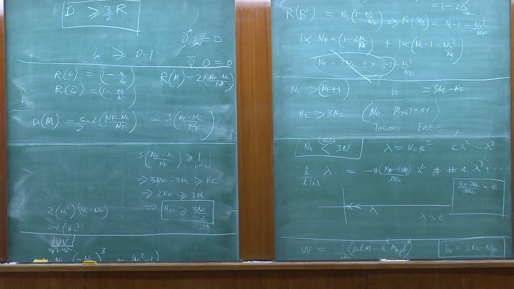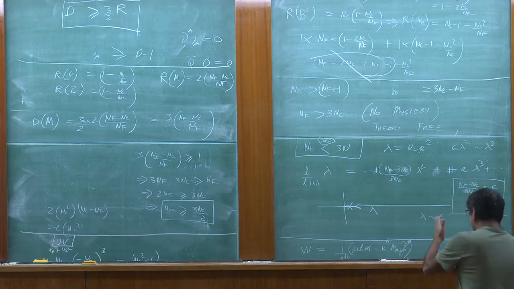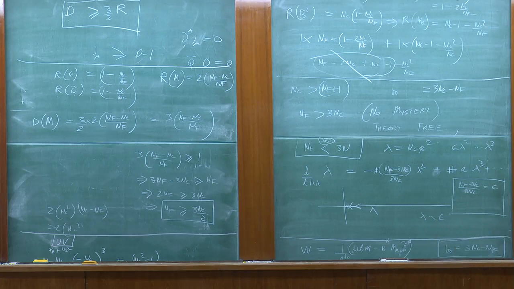So the idea that we have this conformal window of dynamics cannot be true for NF less than 3 NC by 2. And if it extends all the way down to 3 NC by 2, as we are going to conjecture, then at 3 NC by 2, this field M becomes a free field. So at least it becomes a free field. It may even be that the whole theory is free.